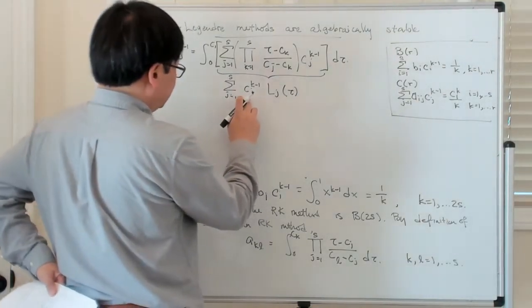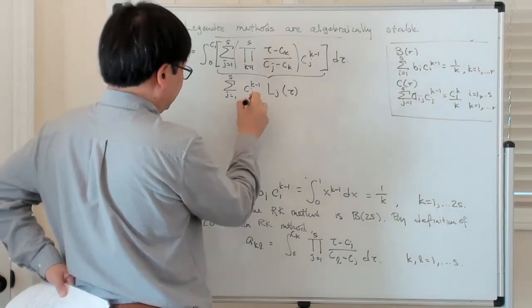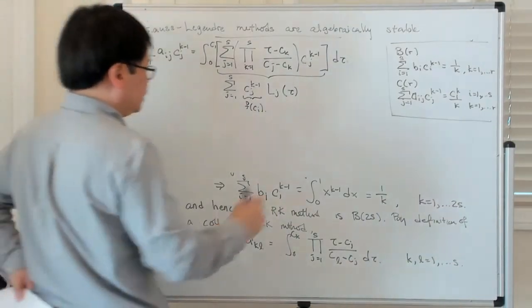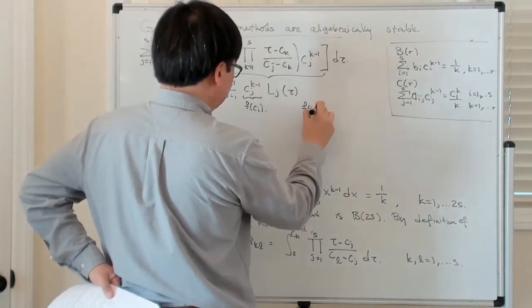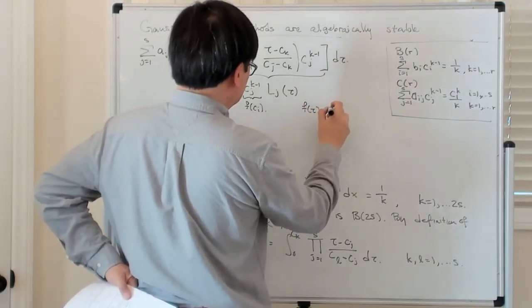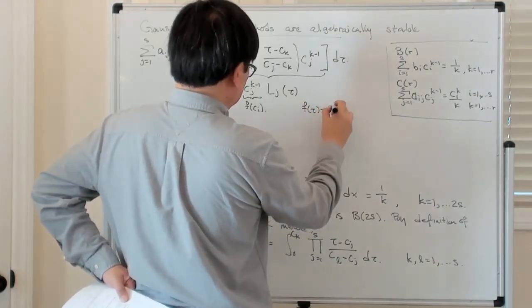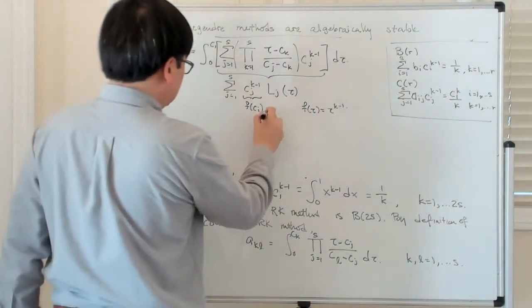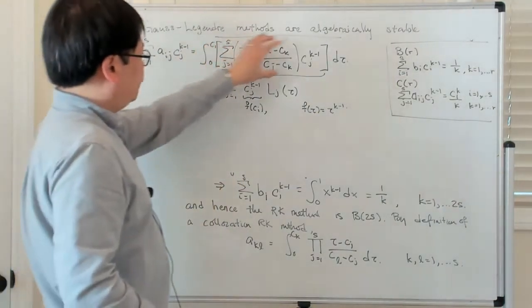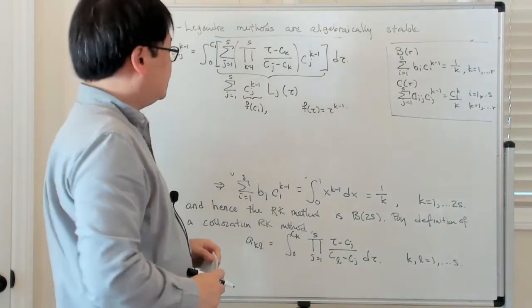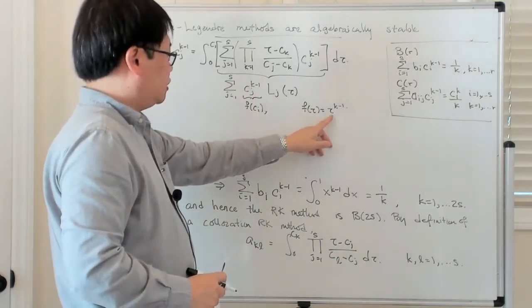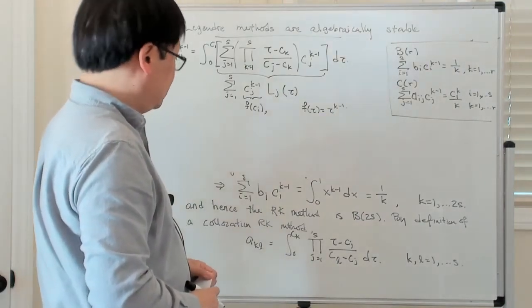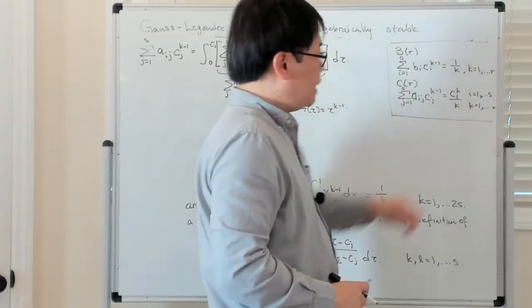I want to interpret this as some function at ci, and it's easy to convince yourself that f of tau should be equal to tau to the k minus 1. So the upshot is that this thing inside the square brackets is just the interpolating polynomial which interpolates tau to the k minus 1, where k just has to go from 1 to s.